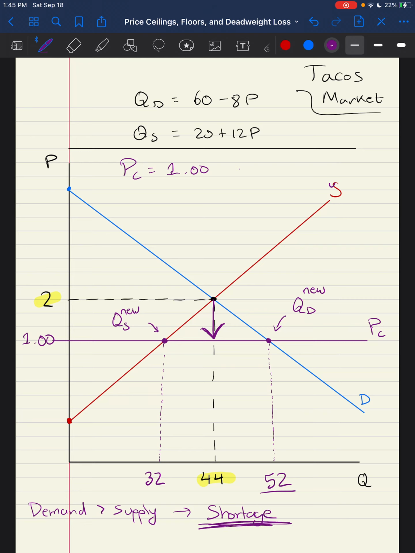And we can calculate the size of this shortage by taking the difference between our demand and our supply. So 52 tacos are desired, 32 tacos are available, so we have a shortage of 20 tacos. Let's highlight this in green. So we now have a shortage of 20 tacos.